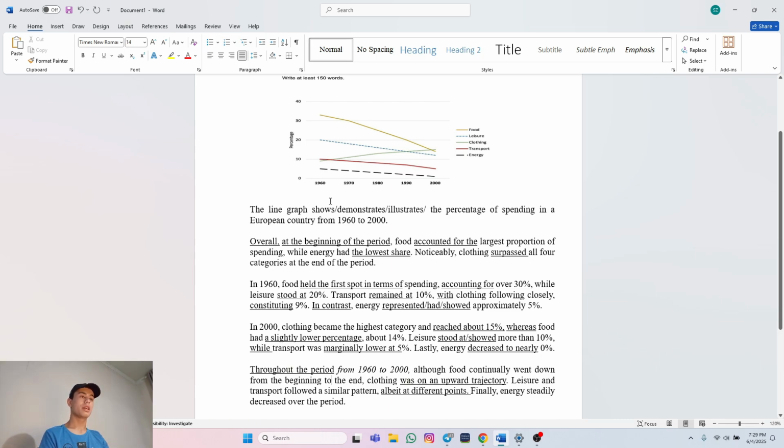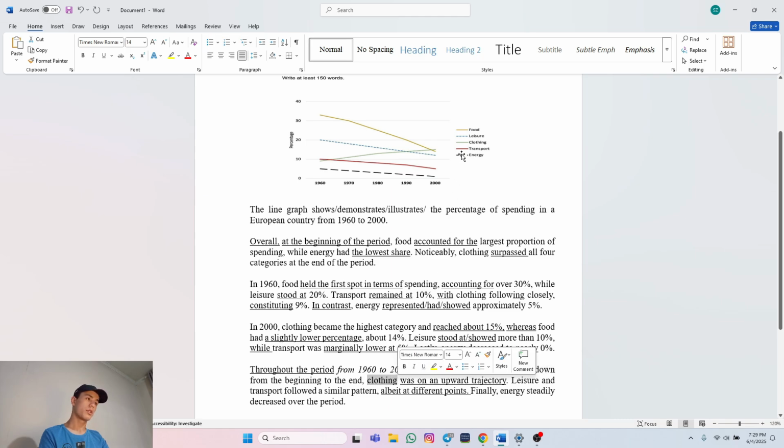Throughout the period means from this year to this year. Although food, the yellow one, continually went down from the beginning to the end, it means food went down from here to here. It just continually went down. There was no fluctuation, no decreasing or increasing points, so I wrote that it continually went down from the beginning to the end.